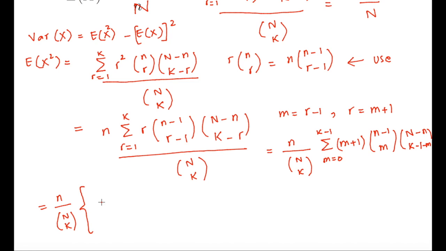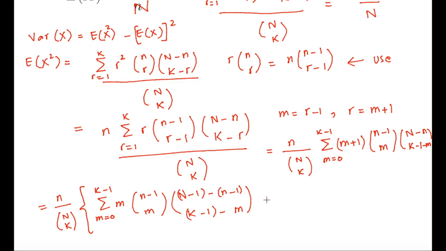My first summation will look like this: j equal to 0 to k minus 1, j times m minus 1 choose j, but this n minus m, let me write it as n minus 1 minus m minus 1, and here I can say k minus 1 minus j.